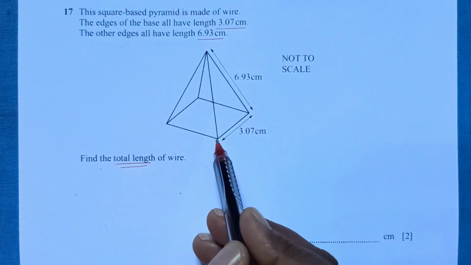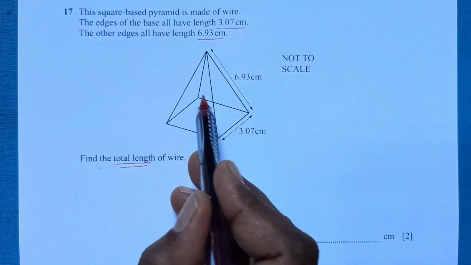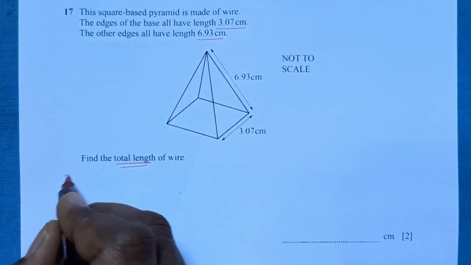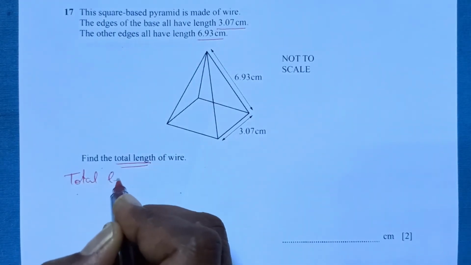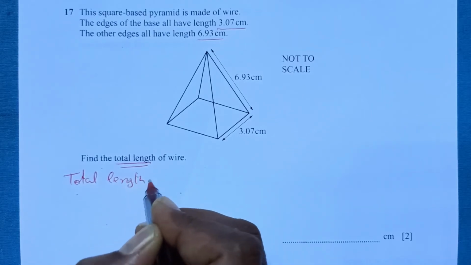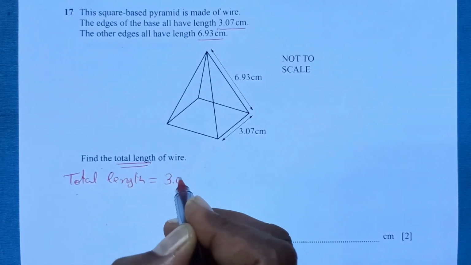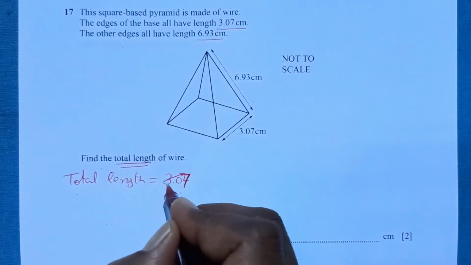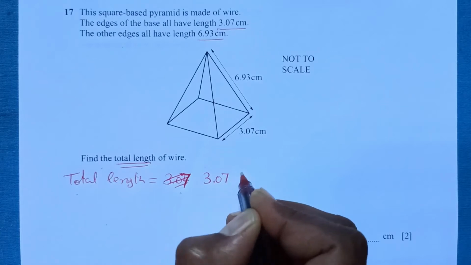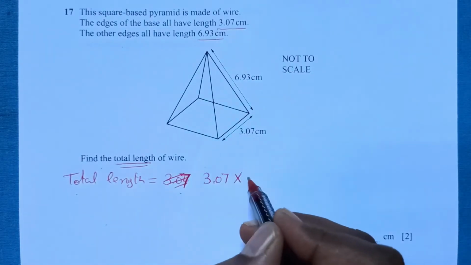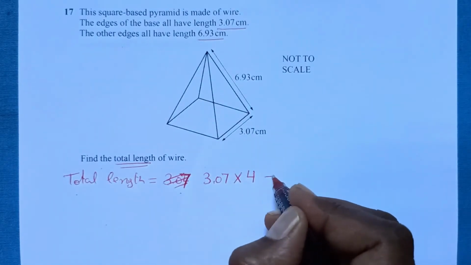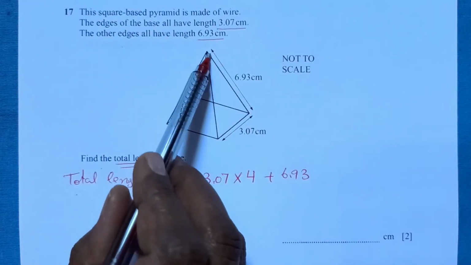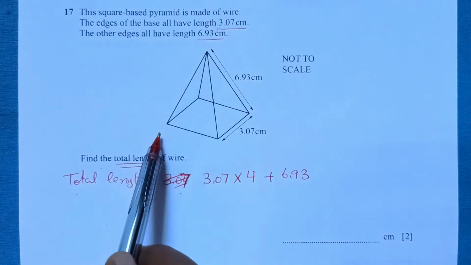So we can see here 3.07. How many sides are there? There are 4. So the total length of the wire will be 3.07 times 4, plus 6.93, and how many are there? 1, 2, 3 and 4.